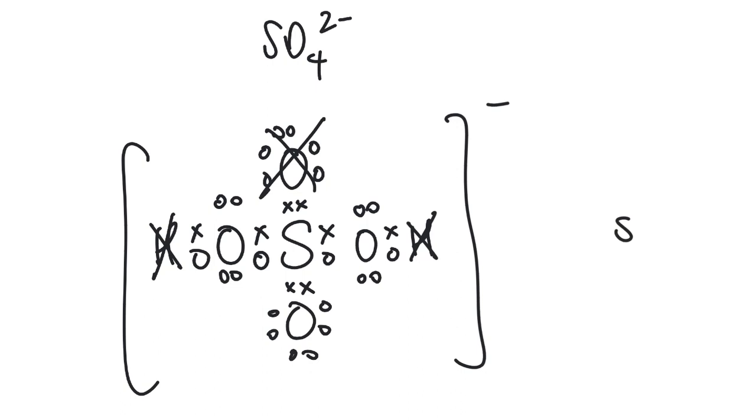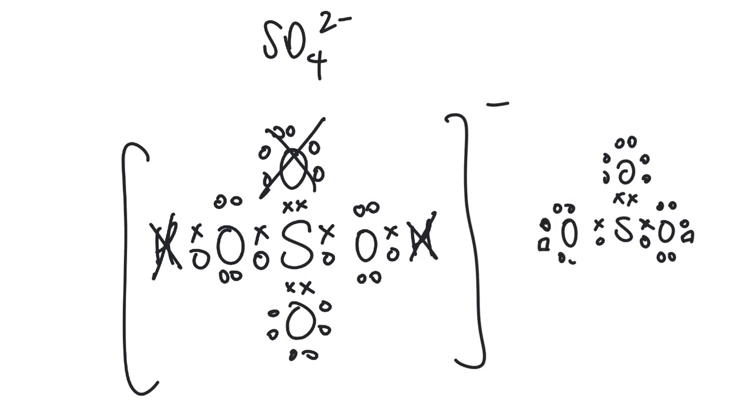Okay, so effectively what that might look like if I was to finish drawing that properly. 1, 2, 3. This is the coordinate covalent bond oxygen. This is an oxygen which has an extra electron that did come from the hydrogen, but the hydrogen is no longer there. Same on this side. And then this one here is another coordinate covalent bond.